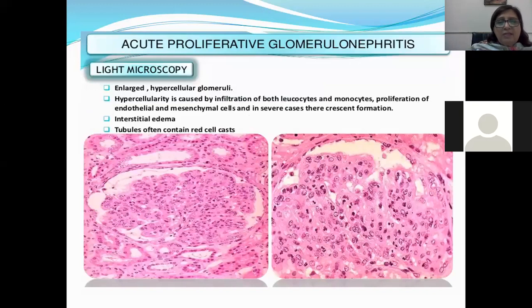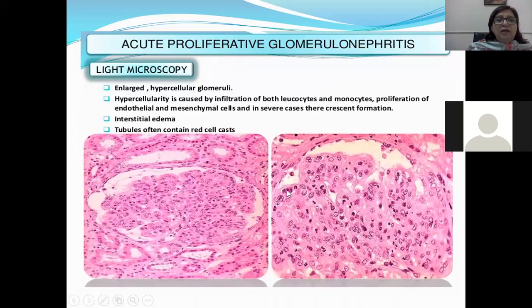Okay, so these are the light microscopic changes seen in the glomeruli. You can see the neutrophils which are present within the glomeruli. The glomeruli have become larger in size. They have become hypercellular. If you compare with the normal glomerulus, this is increased in size because of the proliferation of endothelial cells, mesangial cells, and also because of the influx of leukocytes and polymorphonuclear leukocytes.